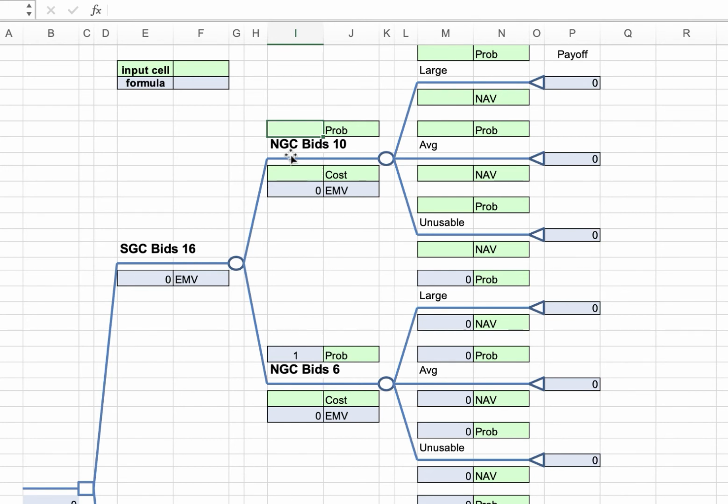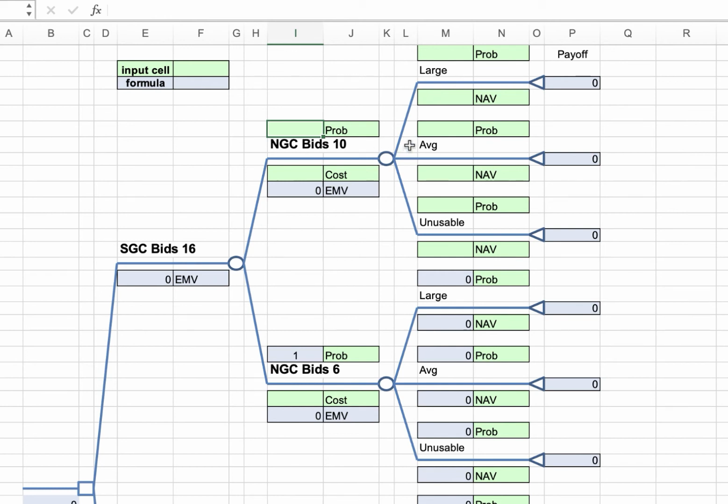According to the model, their competitor is only going to bid 10 million for a high and 6 million for a low. So if they wanted to be sure to win the bid, they would go with their high bid. But because it costs more, we want to be sure that that's necessary. So let's look at the decision tree and figure out our decision.